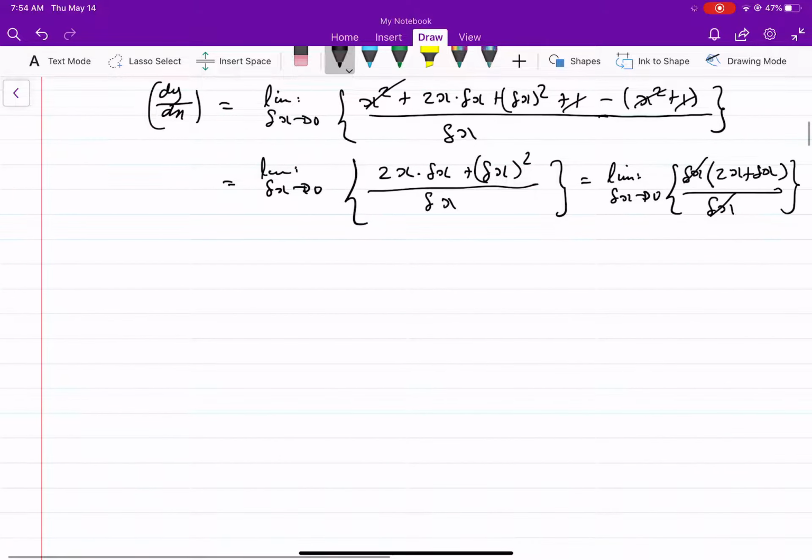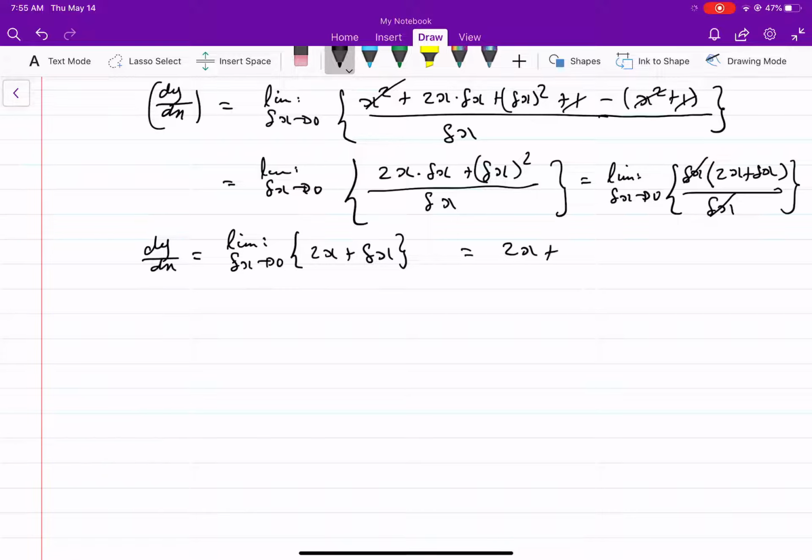And now this becomes the limit as delta x approaches 0 of the expression that's left in there, 2x plus delta x. And now I'll substitute delta x equals 0 again. Direct substitution at this point gives me 2x plus 0, which is 2x.